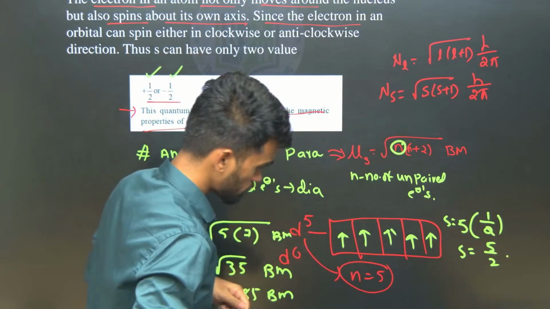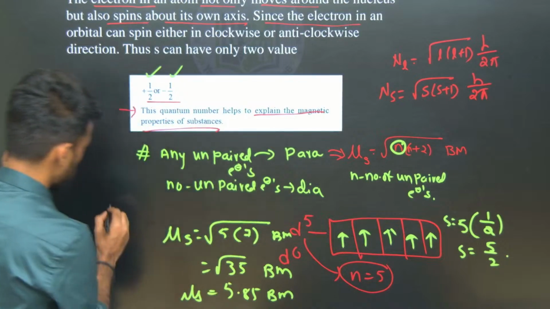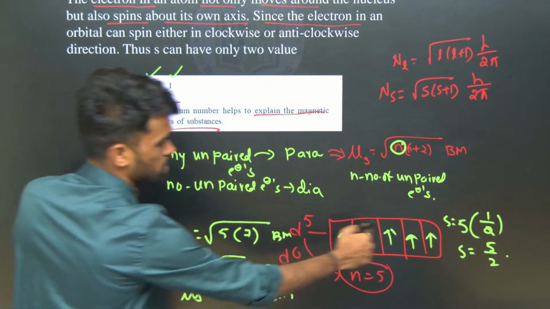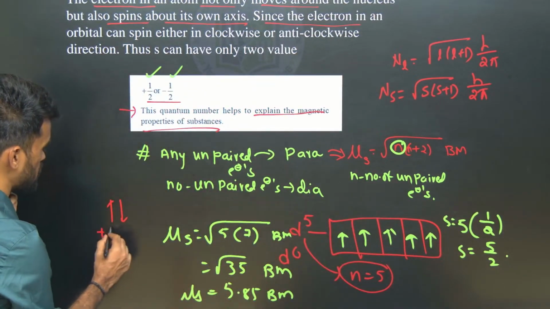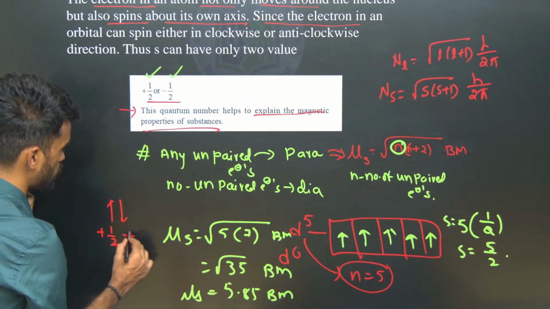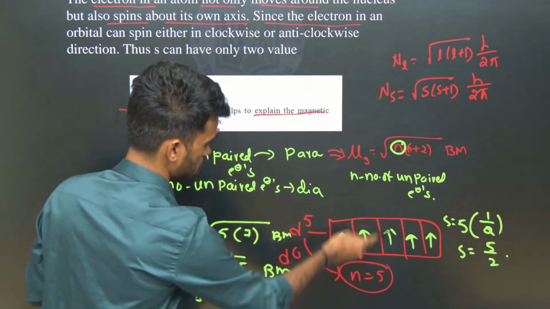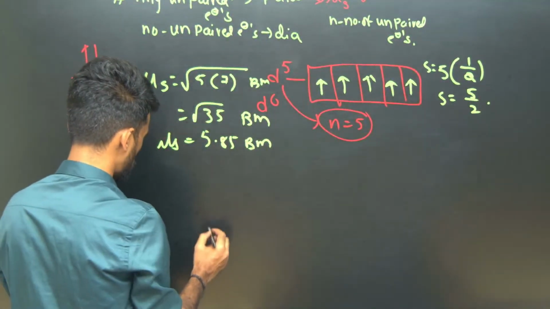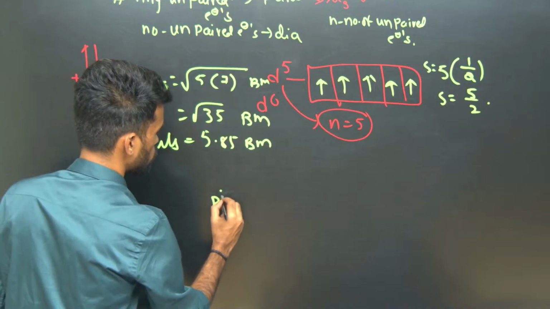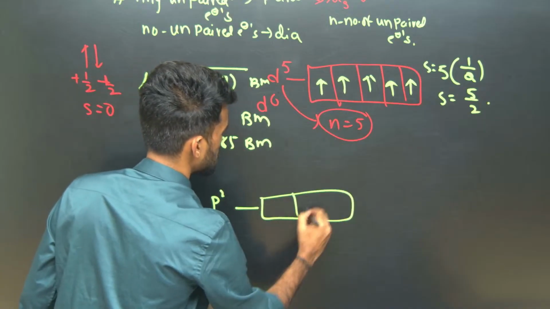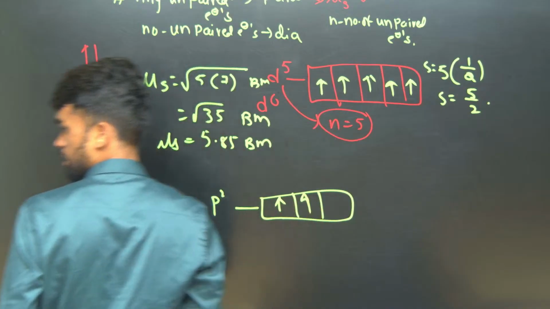Next, if 2 electrons are with opposite spin in any of these orbitals, then one is plus half and the other is minus half, and the overall spin value will be 0. Hope this is clear. For example, take the p2 electronic configuration. We know 3 p orbitals are there, one electron here, another here.